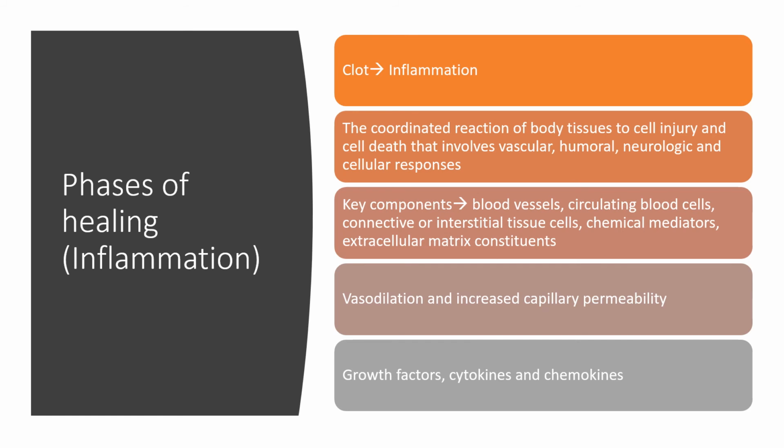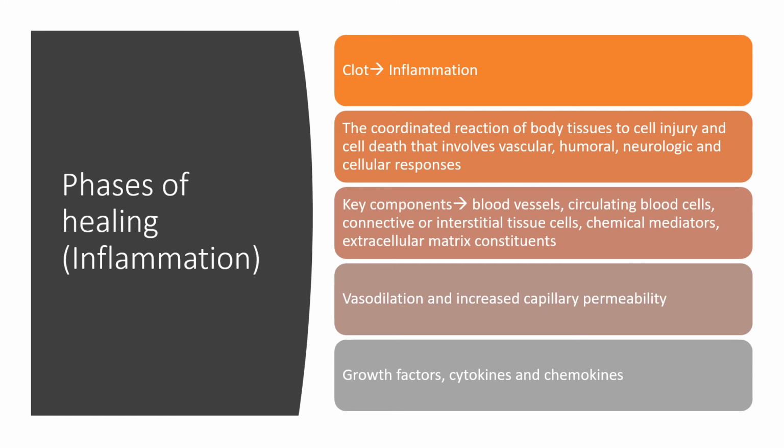So now we have leukocytes and macrophages going towards the wound in an attempt to destroy the bacteria, release proteases, and secrete additional growth factors to help destroy whatever infection is there. The growth factors, the cytokines, and the chemokines are the key molecular bioregulators of the inflammatory phase of tissue healing.